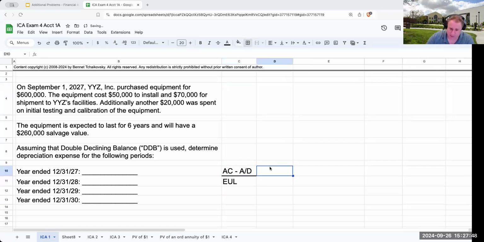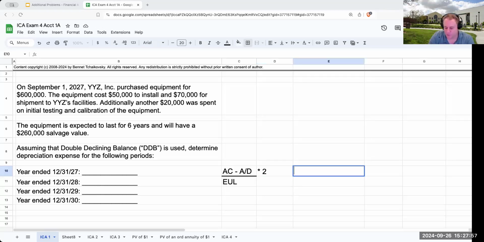And because it's double, we're multiplying this by 2, or you'll sometimes see this written as 200%. So this would give me my annual depreciation expense using double declining balance.